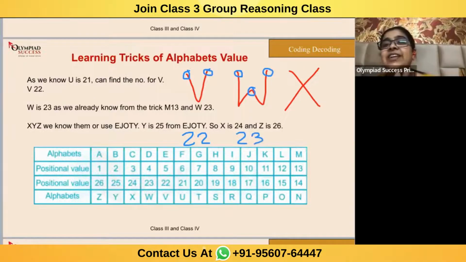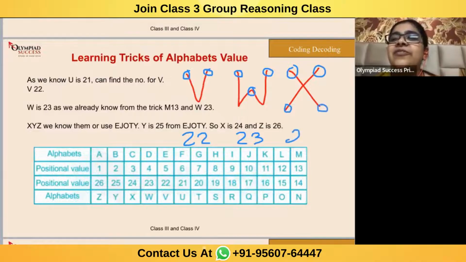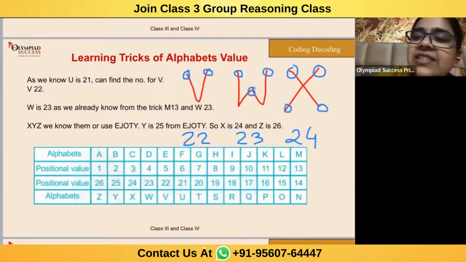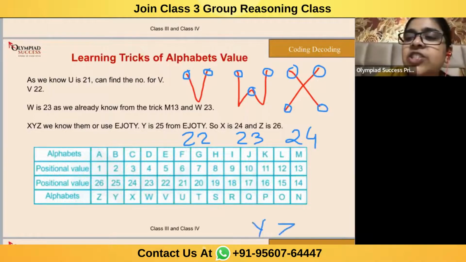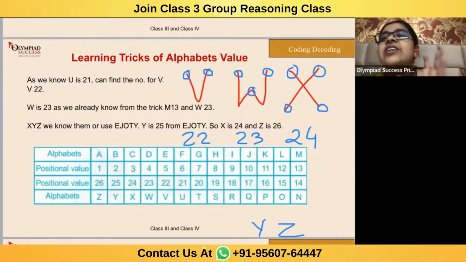This is very foolish, but very easy to remember. X has 1, 2, 3, 4: 24. So 22, 23, 24 is right in front of your screen. V, W, X. Y and Z are the last two, which make 25 and 26. So easy to remember.